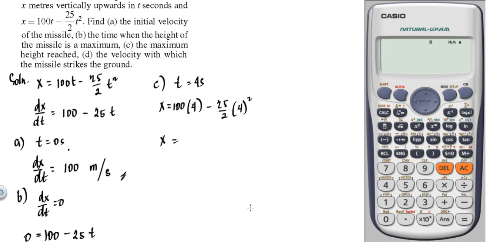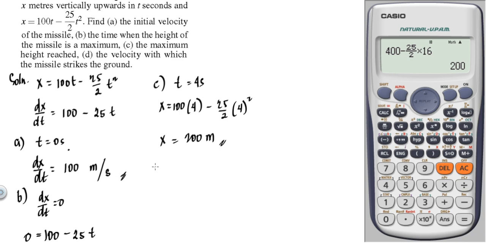Let's use our Casio. 100 times 4, 400 minus 25 over 2 multiplied by 16. There, equals 200 meters. So this is the maximum height.